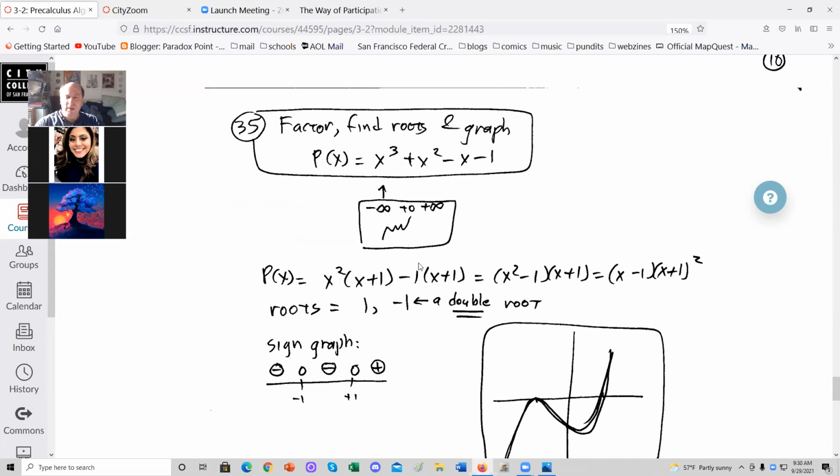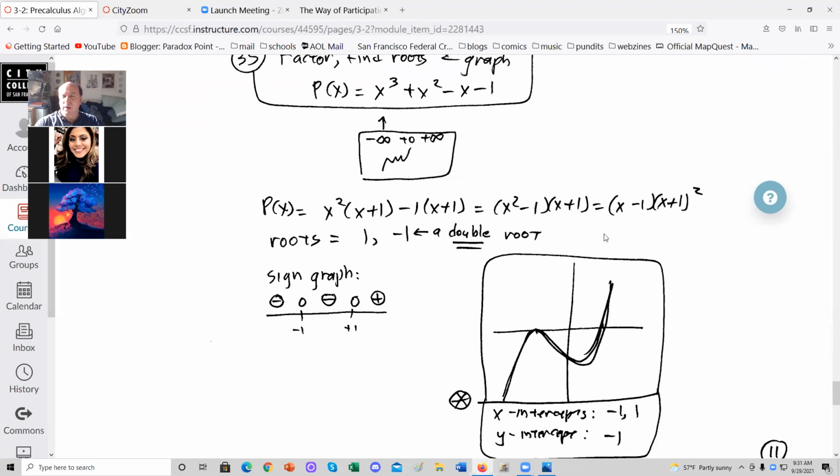These two terms have a common factor of negative 1 times (x plus 1). Pull out this common factor of (x plus 1) times (x squared minus 1). And this is a difference of squares, x squared minus 1 squared. And a difference of squares is a difference times sum. So you get (x minus 1) times (x plus 1) times (x plus 1). So, oh, we have a multiplicity 2 root.